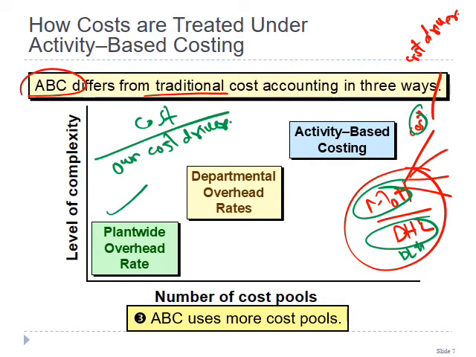So, plant-wide overhead, departmental overhead, and activity-based costing. In plant-wide overhead, manufacturing overhead is divided by its driving cost, that is direct labor hours.